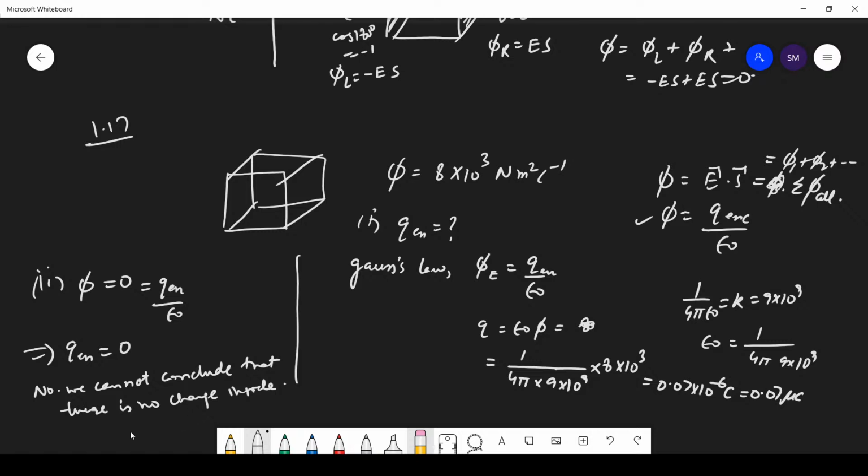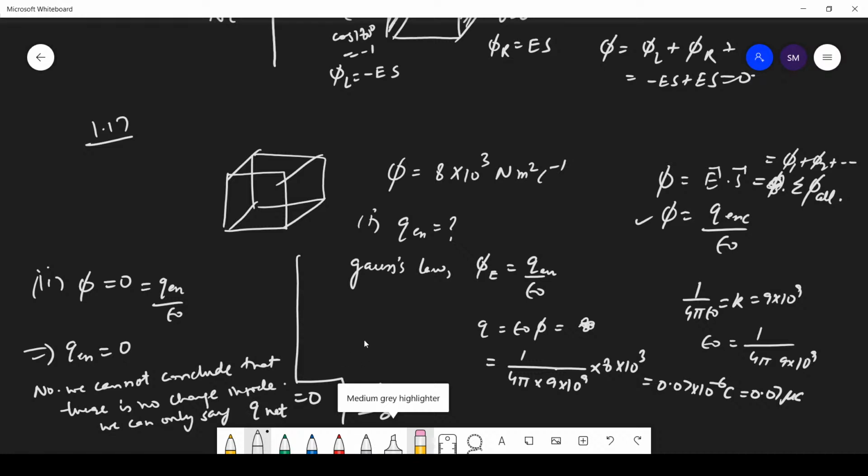We can only say that Q net is equal to 0. So there might be equal positive and equal negative charges, suppose 2 coulomb and minus 2 coulomb, so the net enclosed charge is 0.